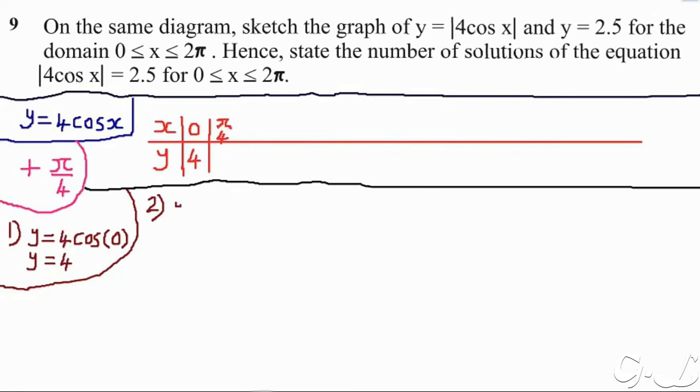So in radians it is pi over 4, but in degrees it is 45 degrees. Let's replace it on the x. So y equals 4 cos pi over 4, and it will give you a value of 2.83 when you round it off.